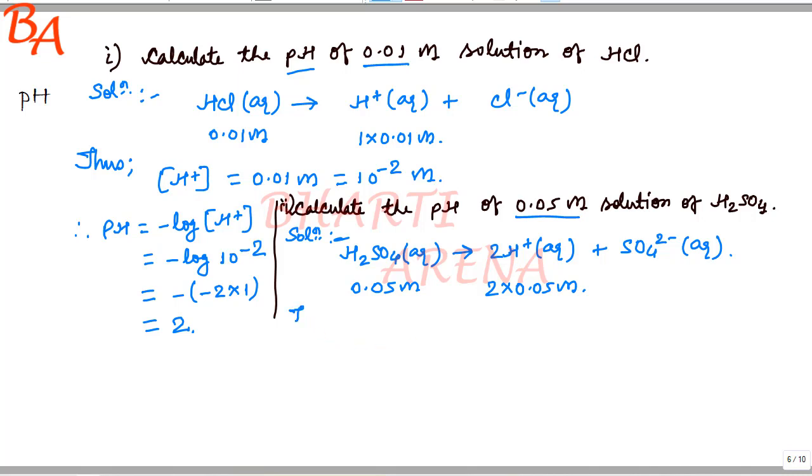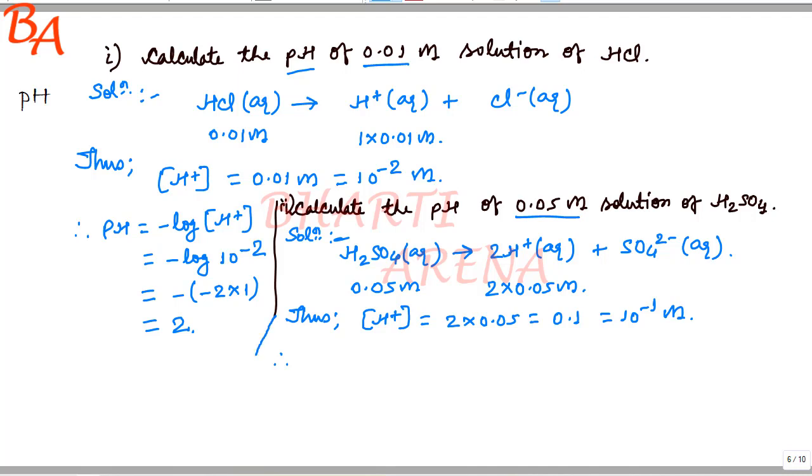Thus, concentration of hydrogen ion equals 2 into 0.05 equals 0.1 equals 10 to the power minus 1 molar.